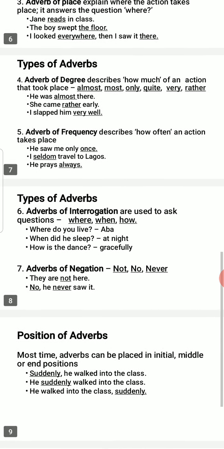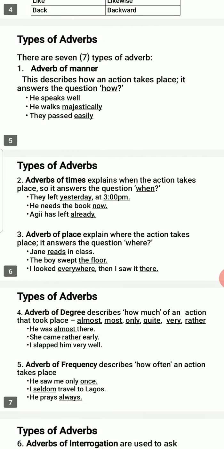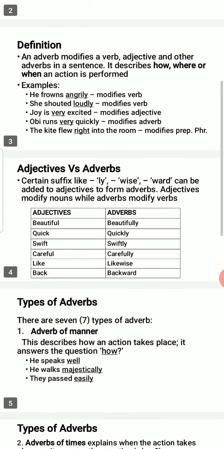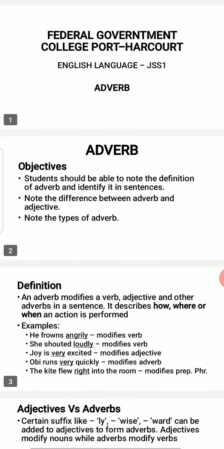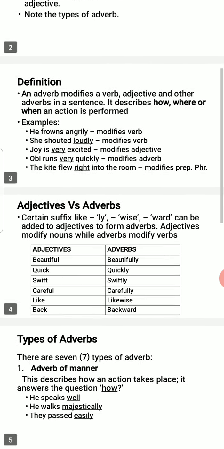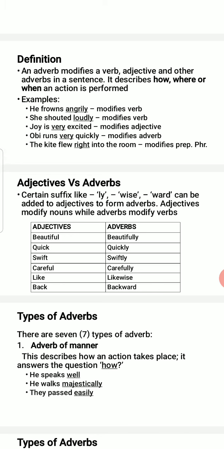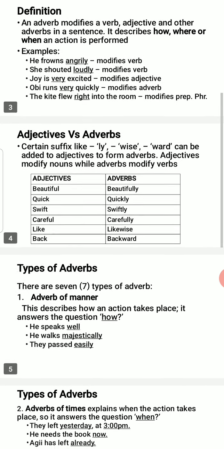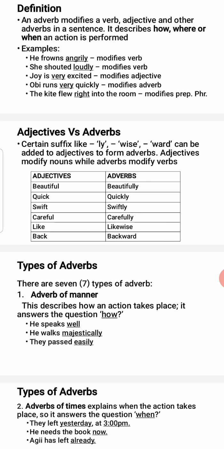We have come to the end of this lesson, but we are going back to refresh our minds on what we have done so far. We started with the definition of adverb, which we said modifies the verb, adjective, or another adverb in a sentence, and it answers the question how, where, or when an action is performed.